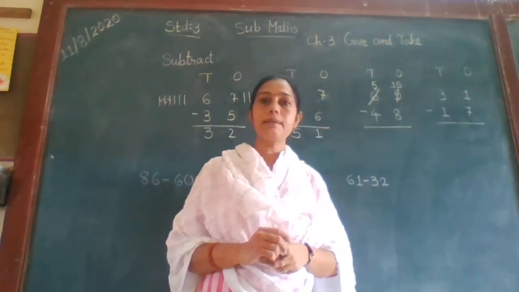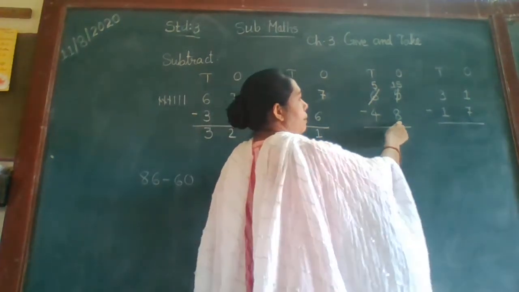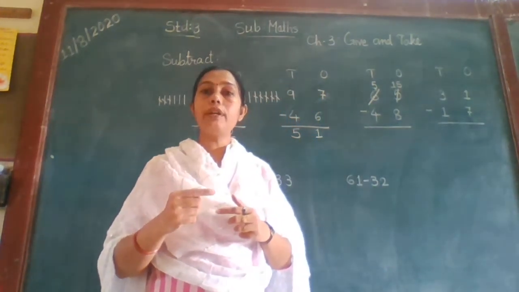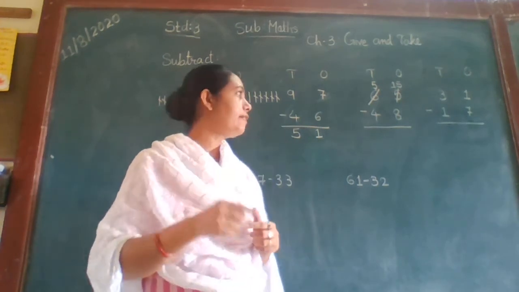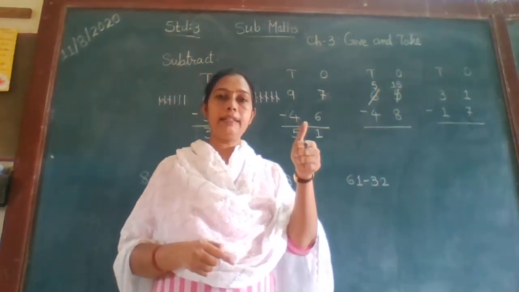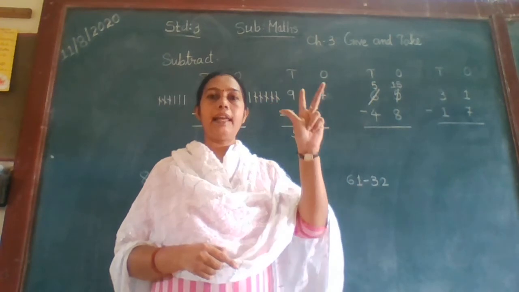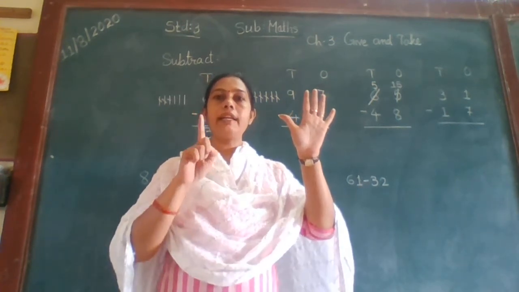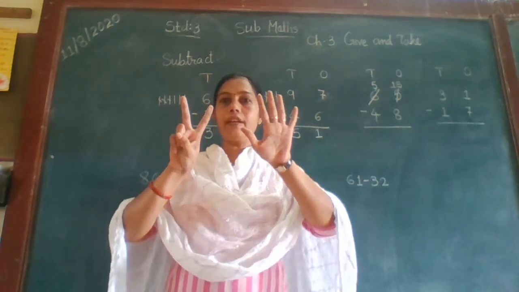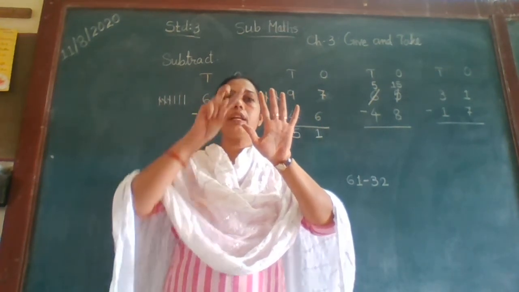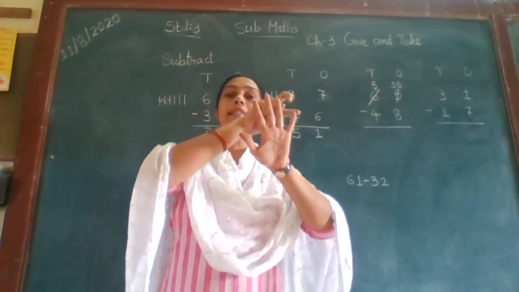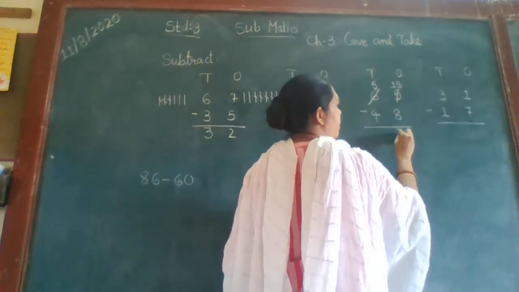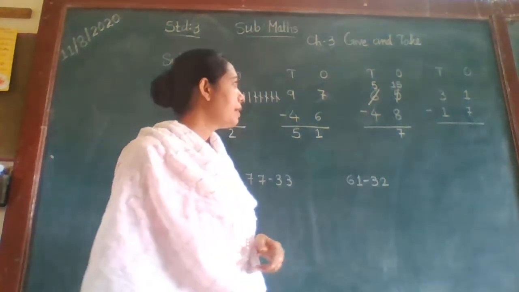Understood, students? So we have to count the fingers after 8, till we reach 15. After it we count 9, 10, 11, 12, 13, 14 and 15. How many fingers? 1, 2, 3, 4, 5, 6, 7. So 15 minus 8 is equal to 7.